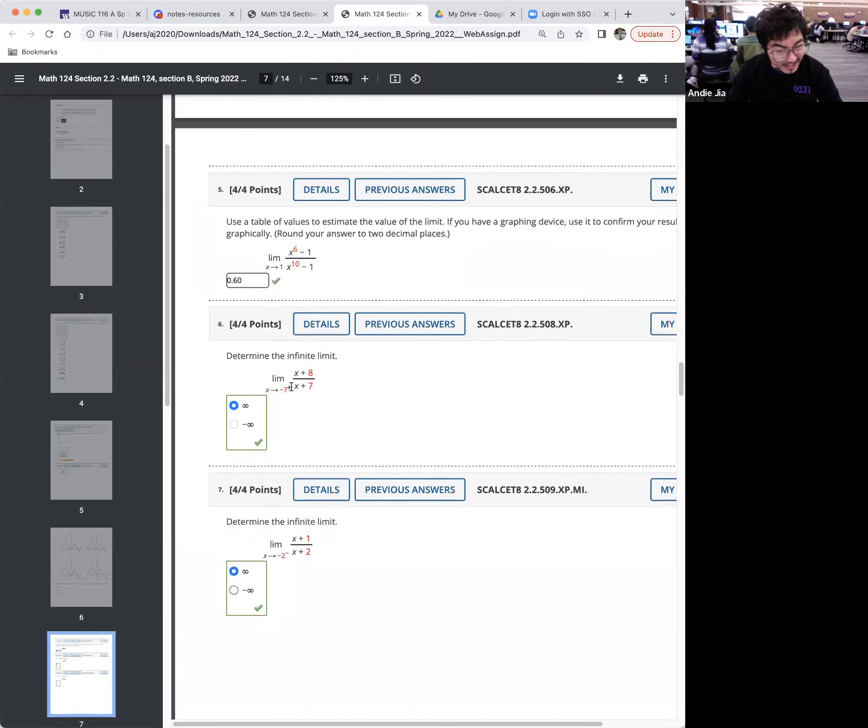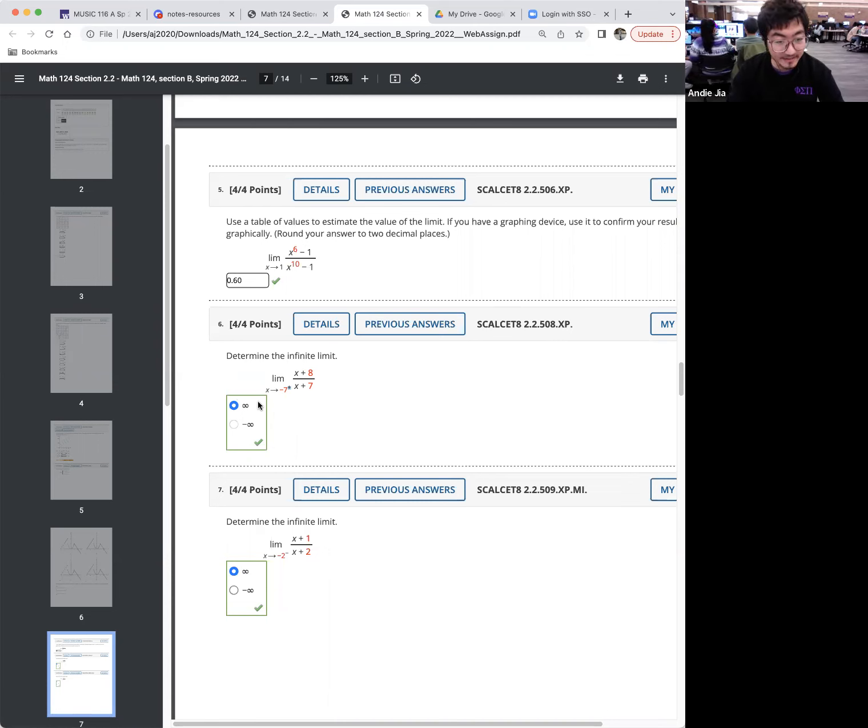From the right side, we put in numbers larger than -7. So we go from -6.5, then -6.9, then -6.99, and it is positive for all those fractions.